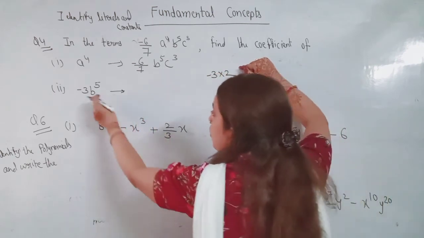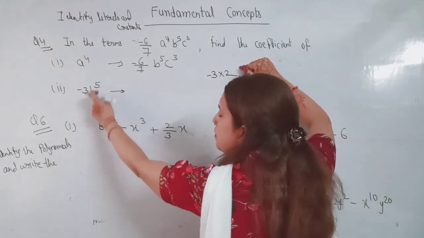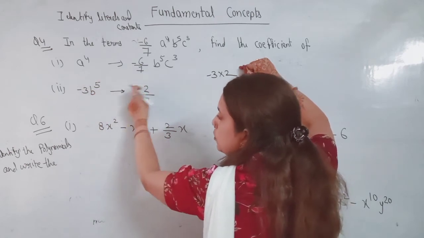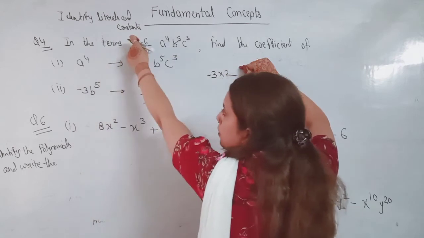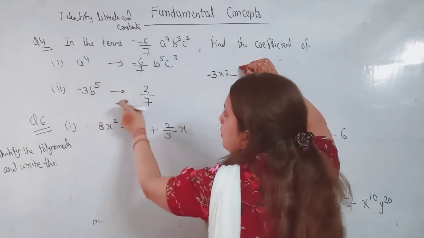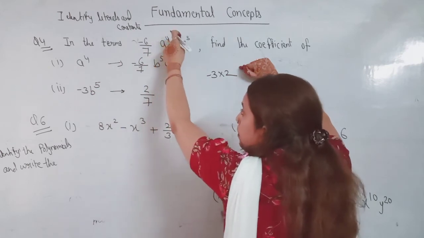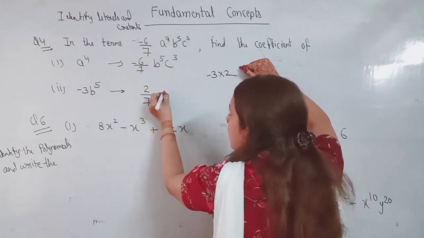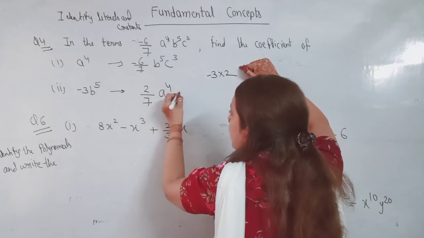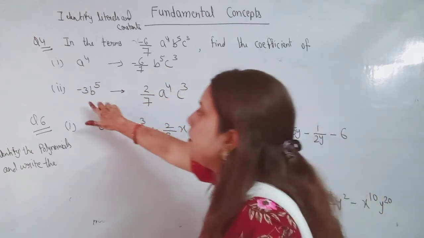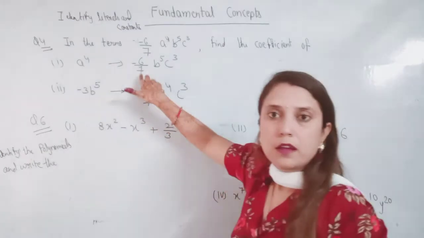So the coefficient of minus 3 b raised to the power 5 will be 2 by 7. 2 multiplied by minus 3 will be minus 6 by 7. b raised to the power 5 is here, so we leave the b raised to the power 5, and a raised to the power 4 and c raised to the power 3. This is the coefficient of minus 3 b raised to the power 5.